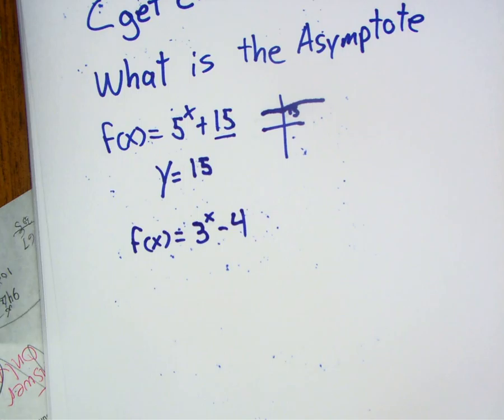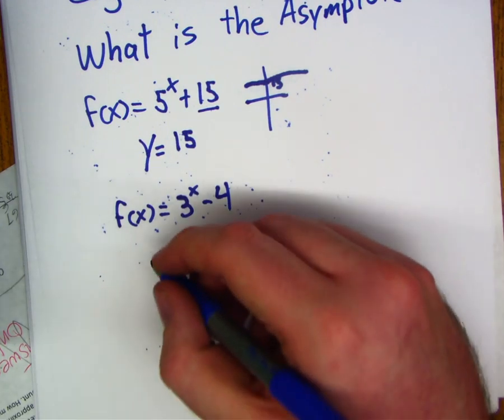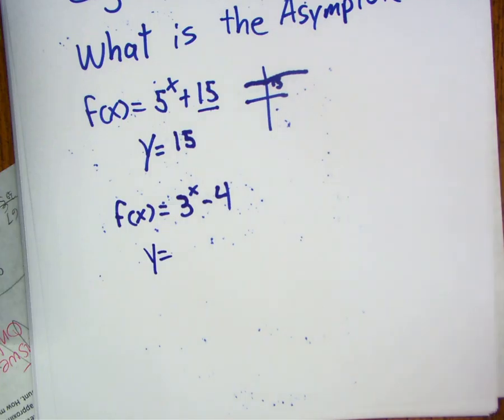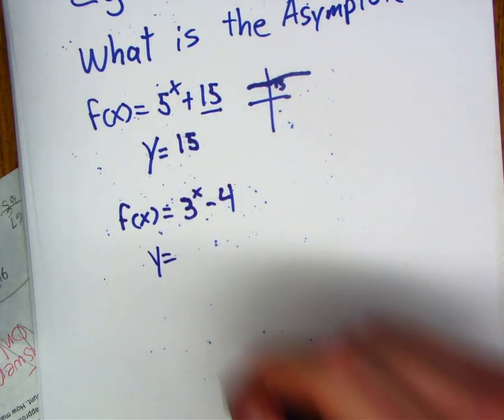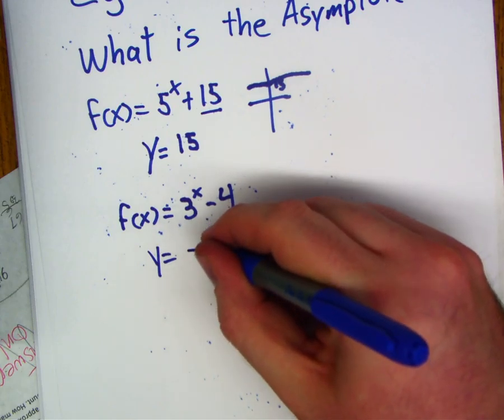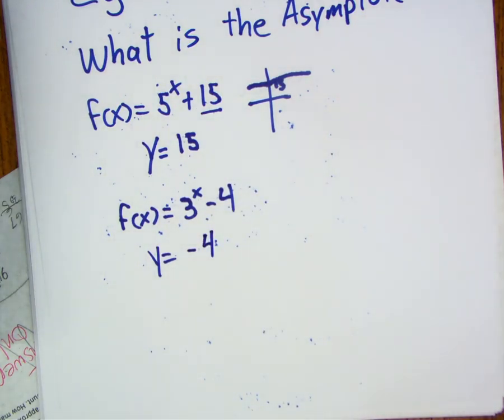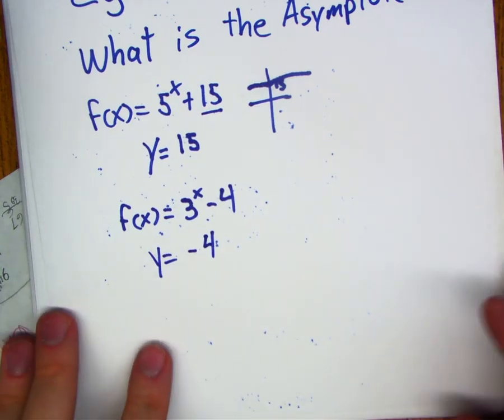What do we think? It's going to be line y equals, and this time again we're just looking at what's that number that's to the far right. y just equals negative 4. So that'll be important as we're graphing. We'll want to make sure that we can identify that.